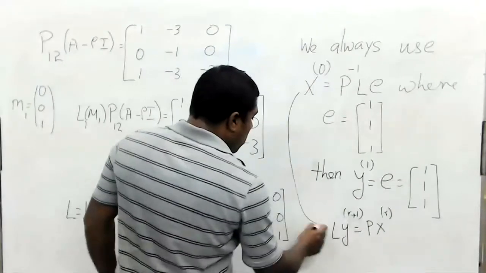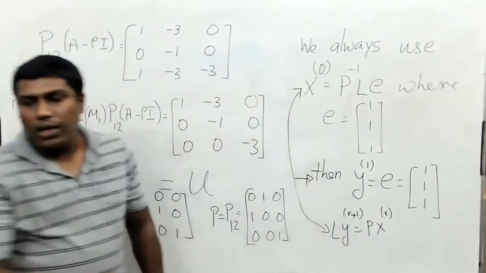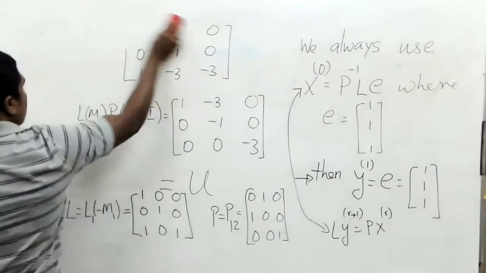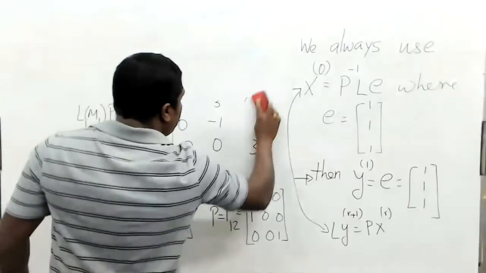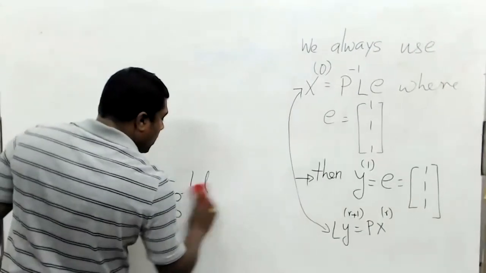If you put this x naught and this together, it gives you this. So you can easily verify that. So once you know that, then you can always do the computation. The computation part is just as we do in the power method. So there is no trick there.